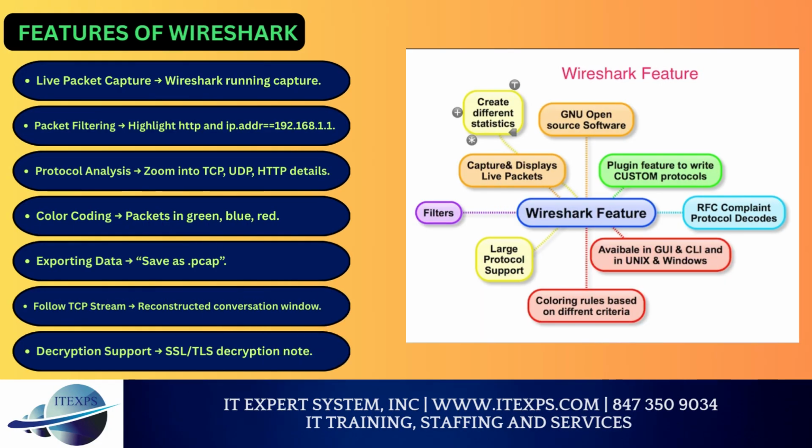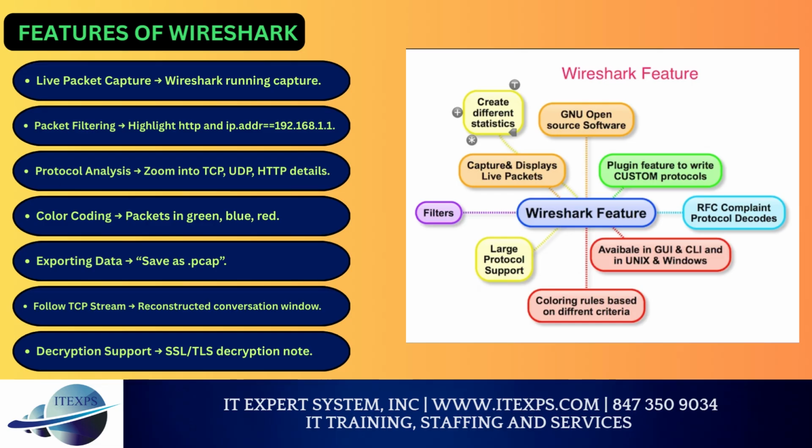Features of Wireshark. So why do professionals swear by Wireshark? Let's explore its key features. Live packet capture. Wireshark can capture traffic directly from your Ethernet, Wi-Fi, or even Bluetooth. Filtering power. You do not have to scroll through thousands of packets.